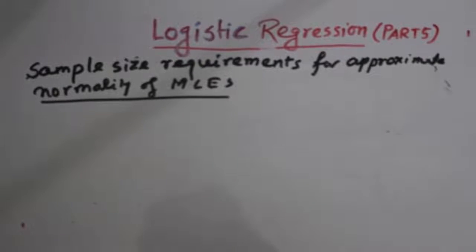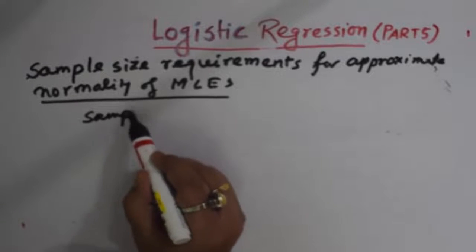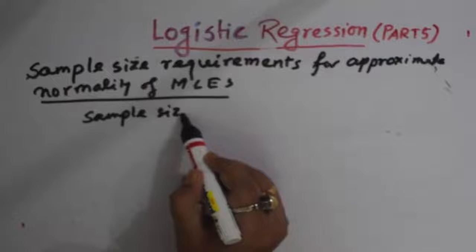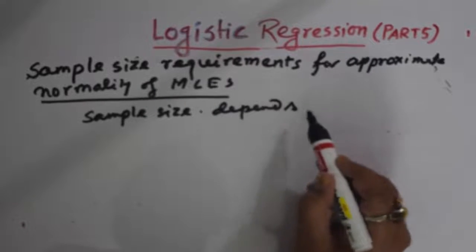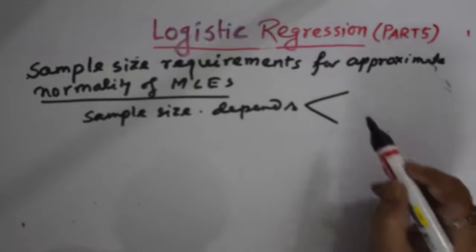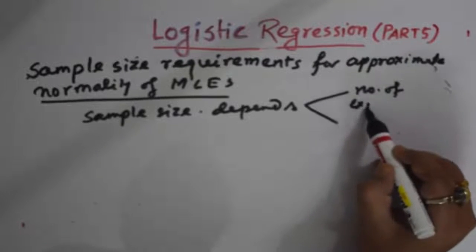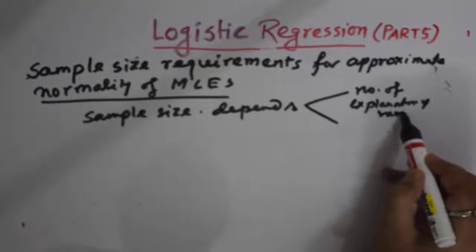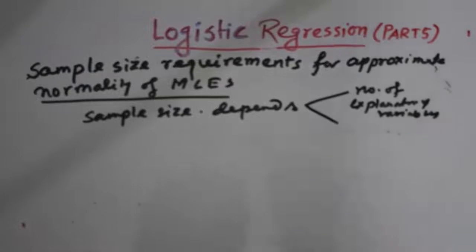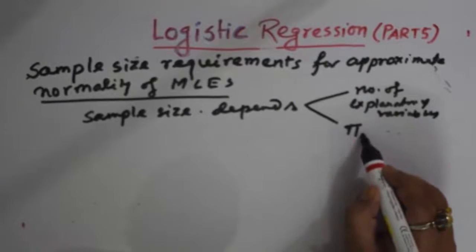So the sample size depends on two things: one is the number of explanatory variables and another thing is pi i.